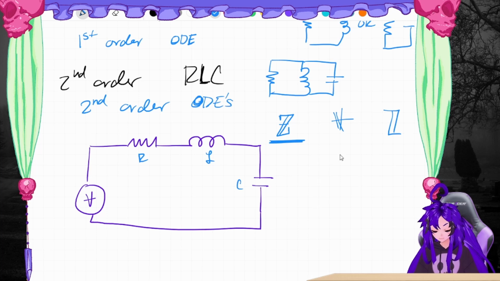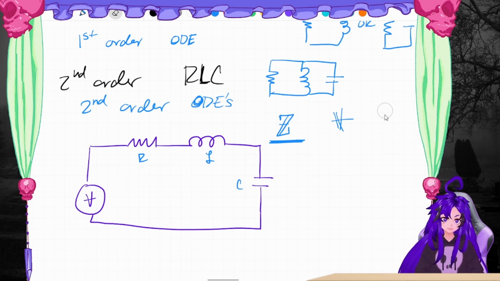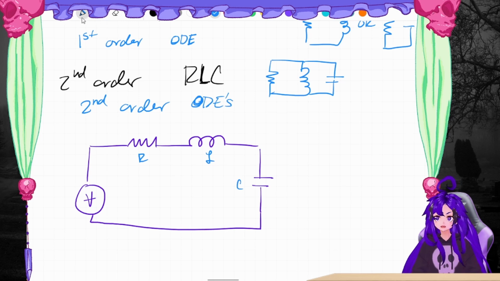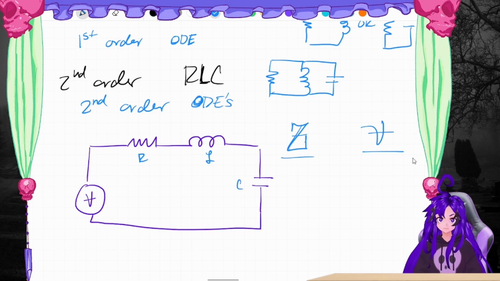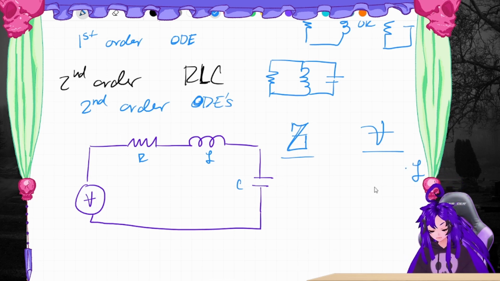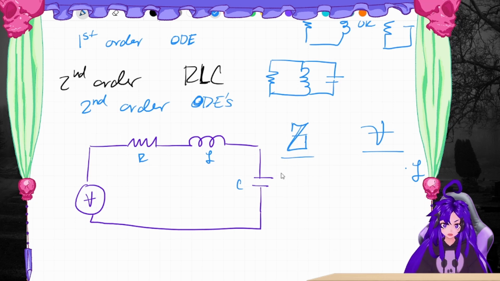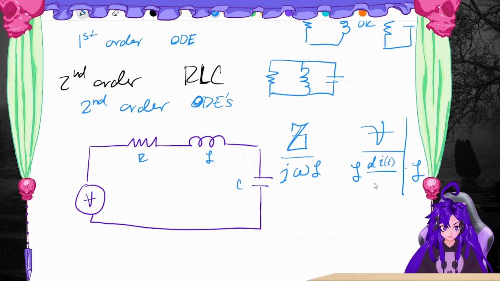Actually, we can define all of these in terms of voltage, but I will give this just to make it easy. So the inductor has an impedance of imaginary omega L, j omega L. And it has a voltage of L di with respect to t, dt.